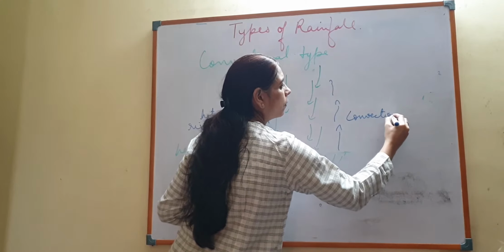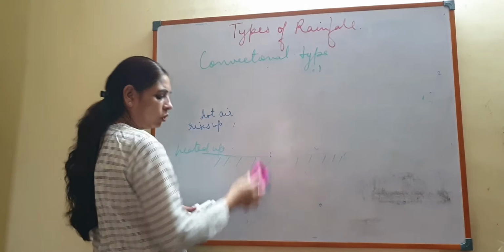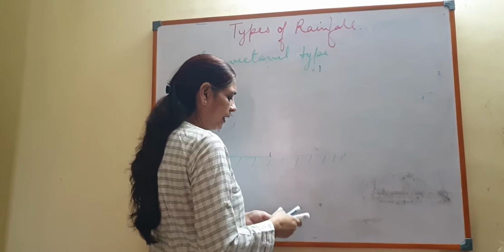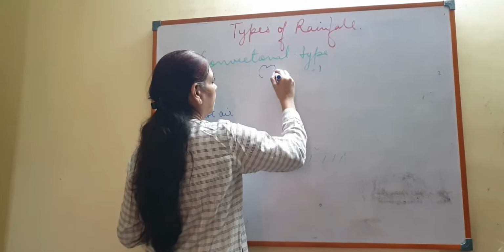current is created. Okay, a convection current is created and the air circulates, and when the hot air rises up, moisture also evaporates and this convectional current forms clouds.